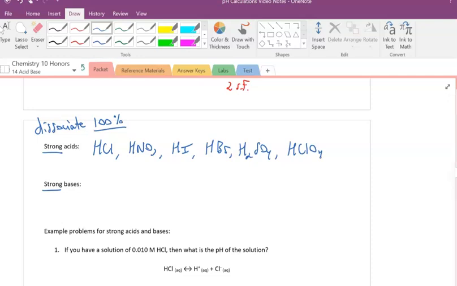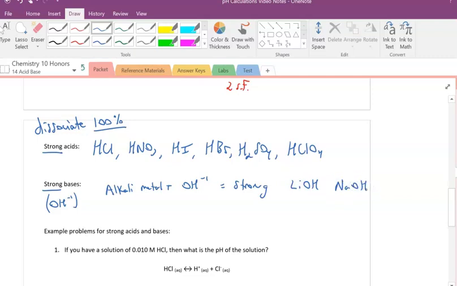Now, strong bases, you're usually looking for just the hydroxide ion. That's the key thing. Anytime you have an alkali metal, anything in the first column of the periodic table, plus an OH, you know that's going to be strong. So anything like lithium hydroxide, that's strong. Sodium hydroxide, that's strong. Anything in the alkali metals. There are a couple of alkaline earth metals that are also, it's usually CBS is the way to remember this.